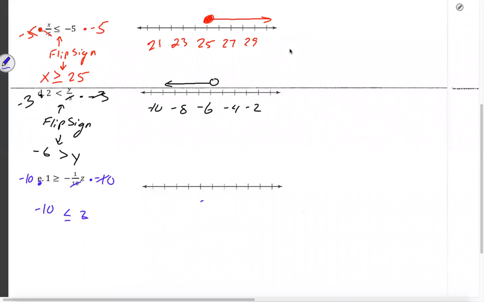Okay. And then you swap it. Or wait, no, never mind. So it's a closed circle. And which way am I shooting? To the right. Perfect. Alright, cool. Nicely done. Thank you.